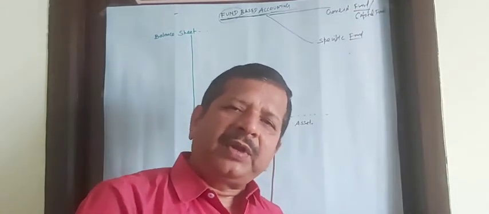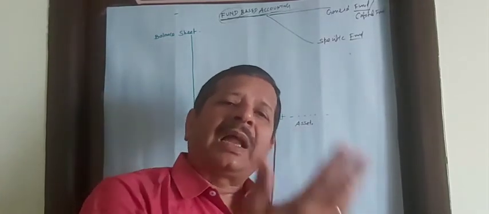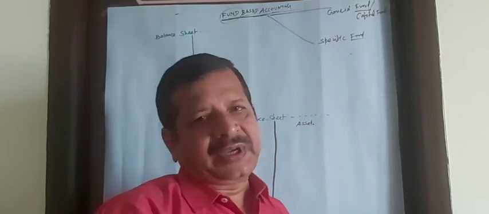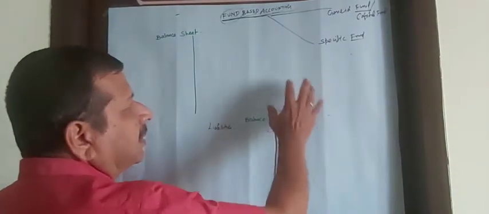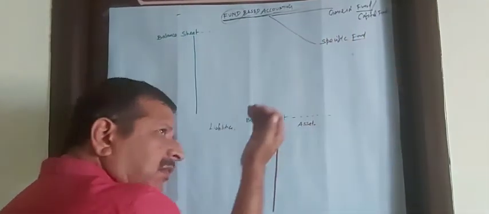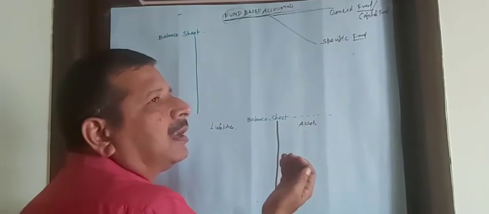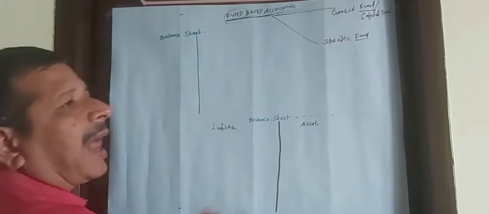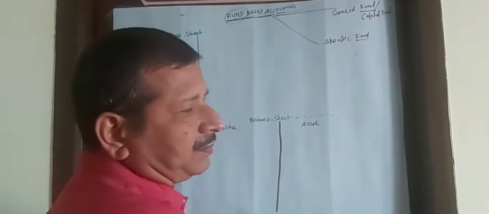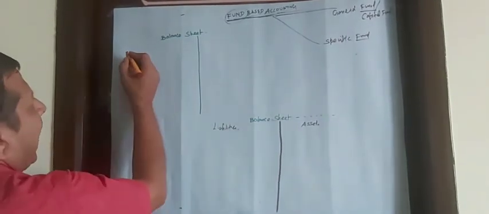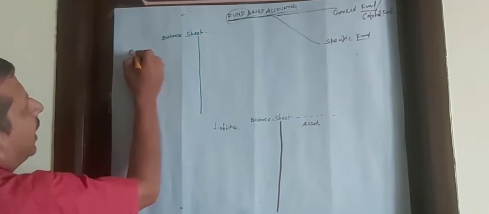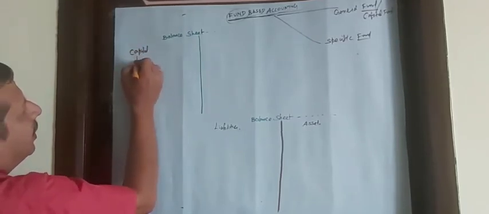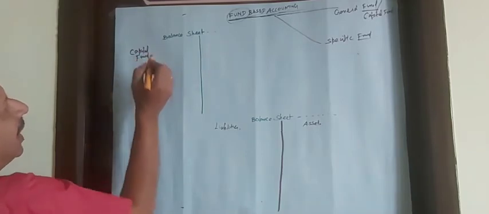The profit was transferred to the liability side of the balance sheet, added with the capital. Like that, the surplus we get from the income and expenditure account will be added to the capital fund. So the capital fund is a liability, and it will appear on the liability side.